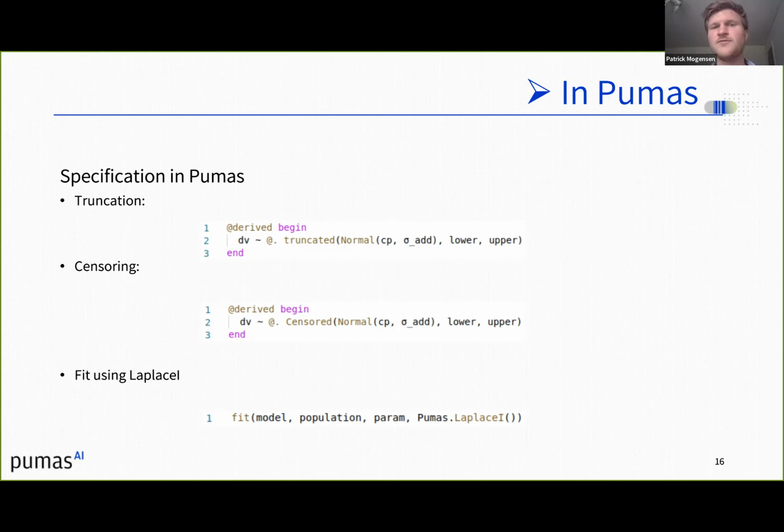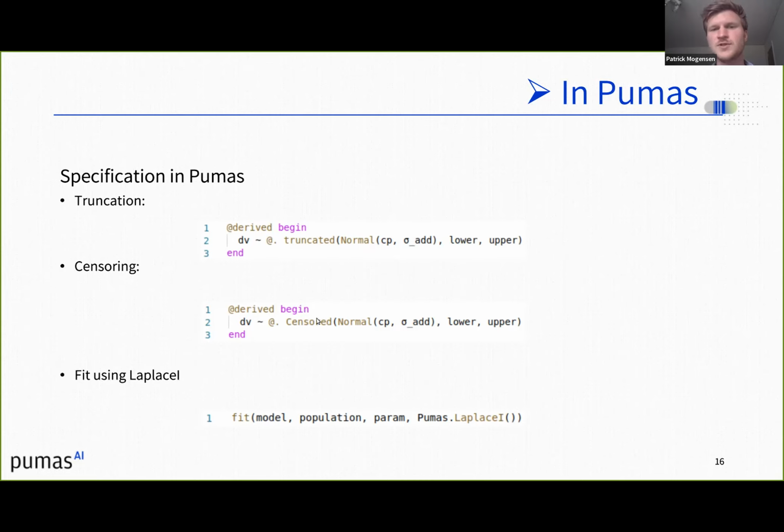So for example, if you have truncated data, that is, if your measurement was outside of some interval, you don't observe it, but you know that you wouldn't have observed it if it was outside of those intervals, then you can wrap your dependent variable distribution, that's a normal distribution here, in a truncated wrapper with the lower and upper limit, and then we will add the appropriate terms to the log likelihood contributions when doing the fitting.